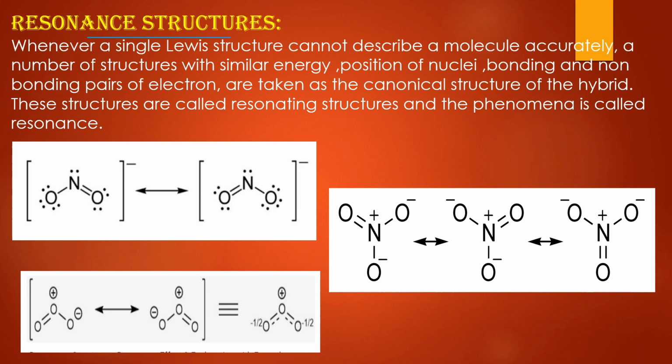Between two resonating structures we put a double-sided arrow like this. This is the arrow, right? Now the actual structure is none of them, but it is the combined form of them, and that is called the resonance hybrid, and the resonance hybrid is denoted by these three lines between the resonating structures. This is the resonance hybrid.